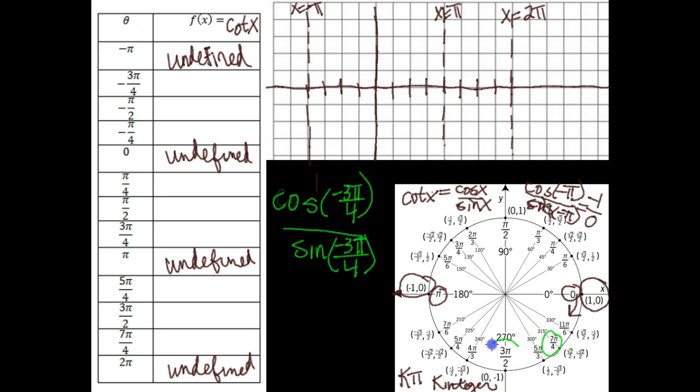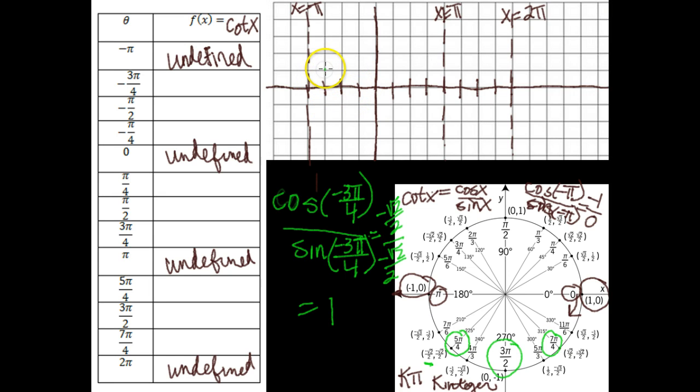Here's negative 2 pi over 4, which is negative pi over 2. And here's negative 3 pi over 4. So that's equivalent to 5 pi over 4. What's the x value? That's negative root 2 over 2. So we got negative root 2 over 2 over negative root 2 over 2. Well, what's that equal to? That's equal to 1. That's kind of nice. So at negative 3 pi over 4, we are at positive 1.